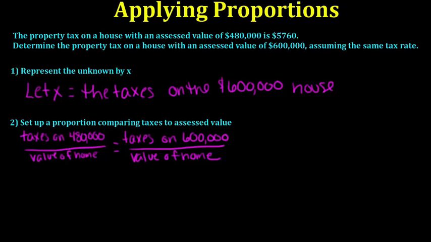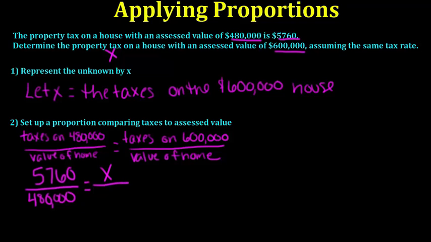So the taxes on $480,000 is 5,760 over the value of that home, again, 480,000, is equal to the taxes on $600,000. Determine the property tax, we don't know that. That's going to be our x. So that is where we have x over the value of that home, which is 600,000.